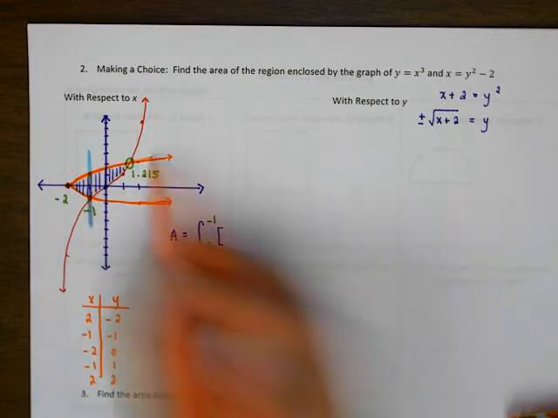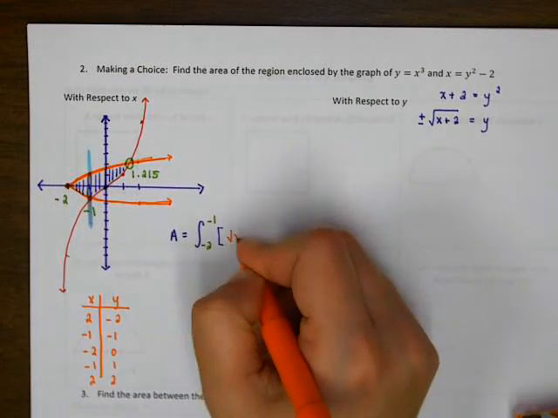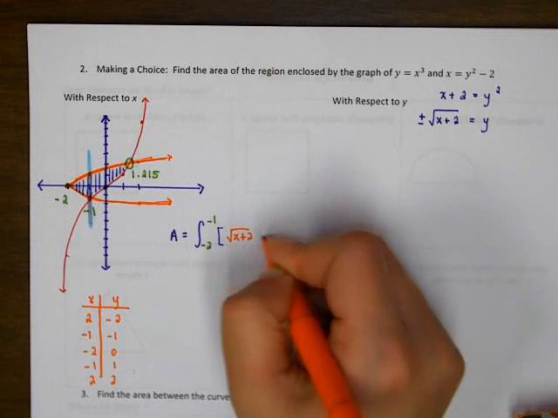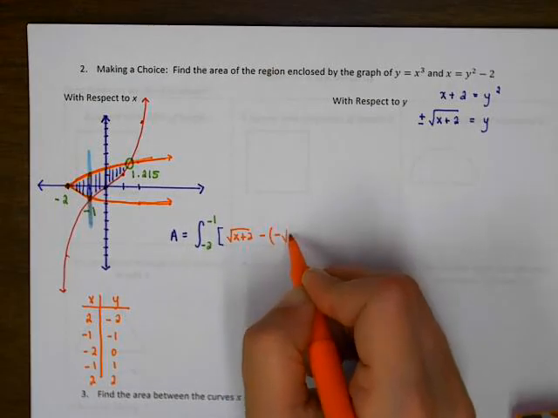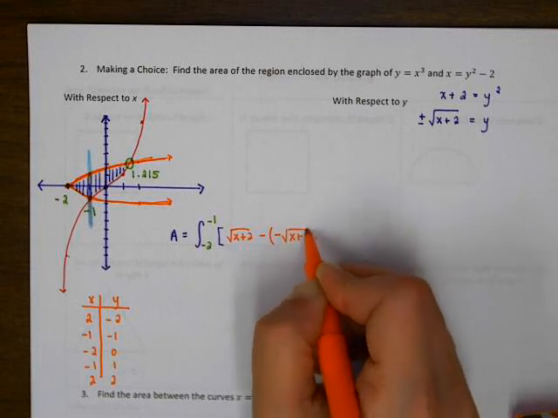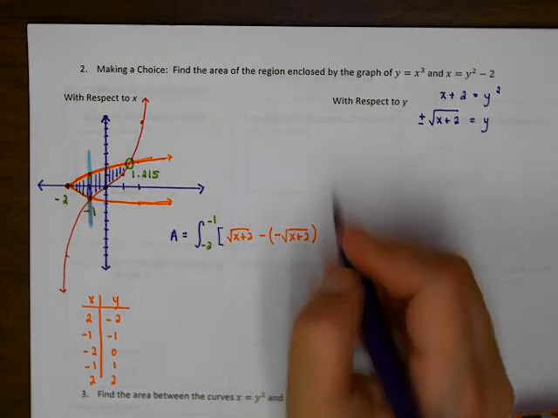The top orange is the positive square root minus the bottom orange is the negative square root dx.